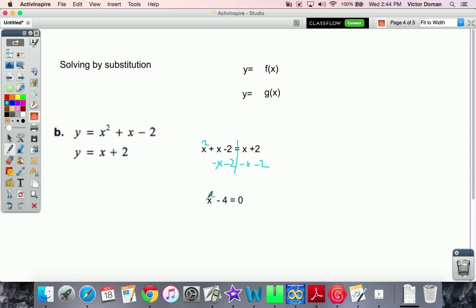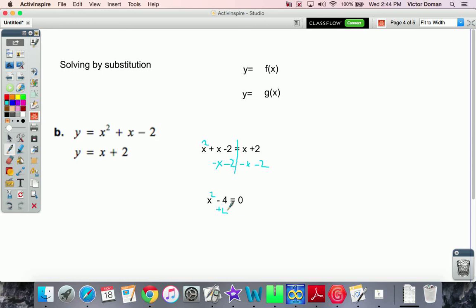So now I have a quadratic equation that I can choose to solve any way I want. Because there are no linear terms, I'm going to take the shortcut and solve using inverses.